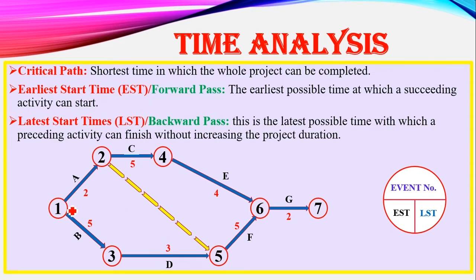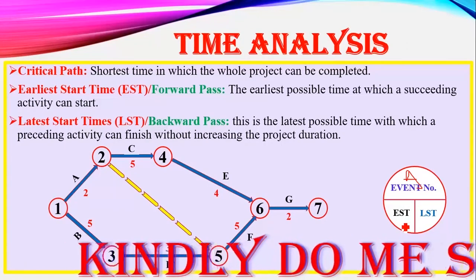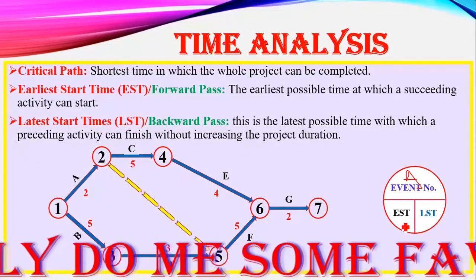Now, when you are representing the EST and the LST in a node or in an event, you need to represent them in this manner. The EST will appear on the left side, then we have the LST on the right side, then at the top here you have the event number. For example, in this case, we have event A, and we are saying the EST for A is, we don't have any other preceding event that is coming along that.